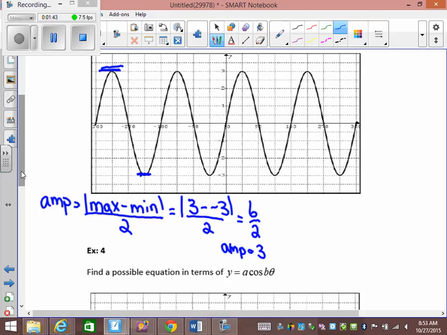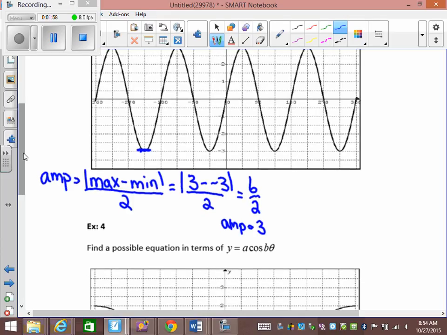Does that mean my A value is 3? My amplitude is the absolute value of my A value, right? So my A value could be 3 or negative 3. So I know that my A value is either plus or minus 3. We'll deal with that in a second.